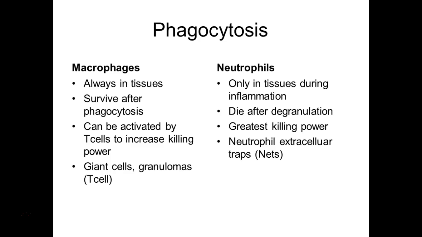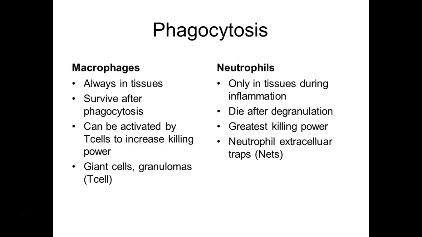These guys, neutrophils, you'll only find them in your tissues during inflammation. They're only called out of the bloodstream into your tissue when we're experiencing inflammation, when they're being called there. And the reason for this is these guys are super killers. They'll sometimes degranulate. They're going to release their granules, right? So they're not even going to just engulf and phagocytose and kill.